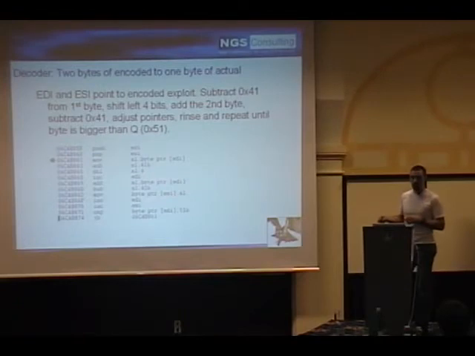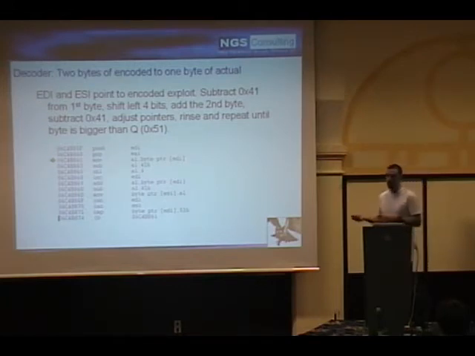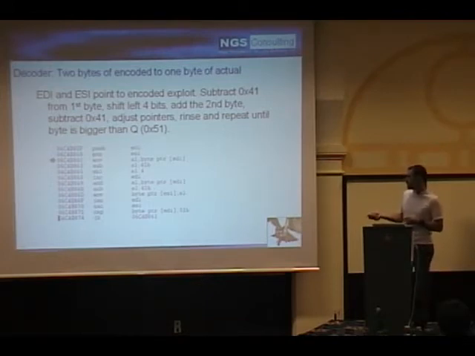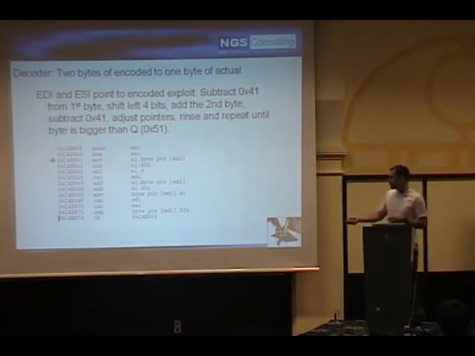We increment the pointers and keep on going until we come across a Q or more. That essentially is our equivalent of a null terminator, but it's not a null terminator. If it's Q or more, stop looping. Otherwise, go back and loop up to there.